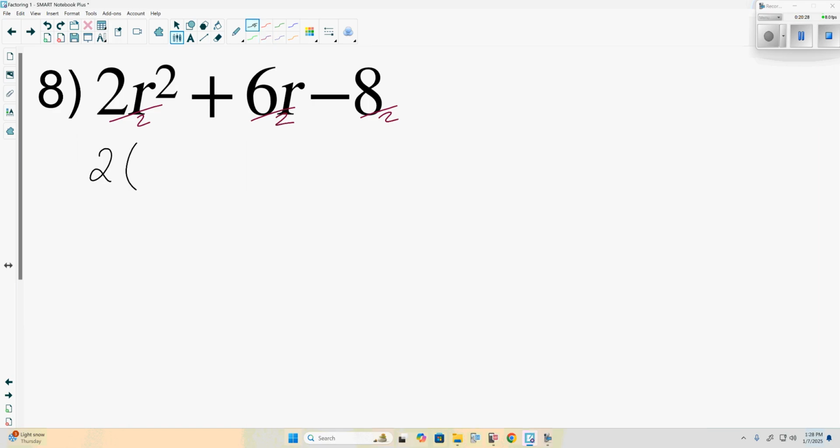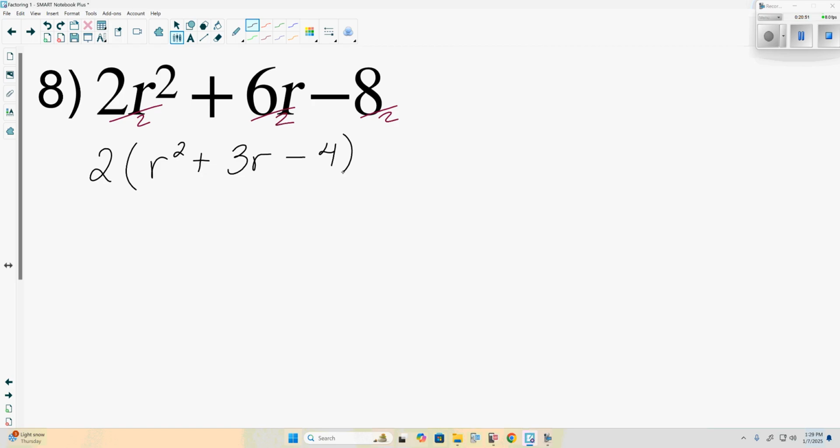So our 2r squared divided by 2 leaves us with r squared. Plus our 6r divided by 2 gives us 3r. Minus 8 divided by 2 is 4. Now the sign doesn't change unless we divide out by, say, negative 2.